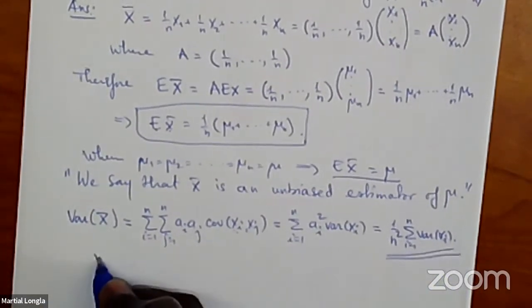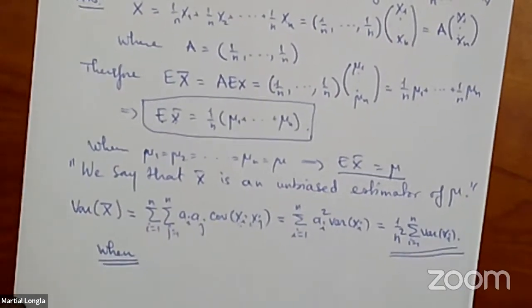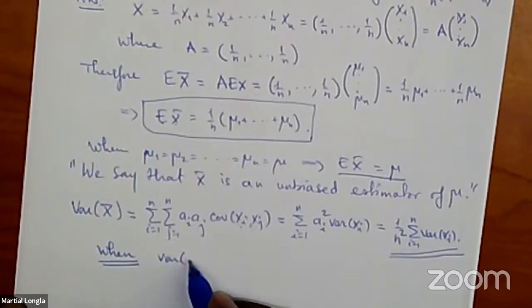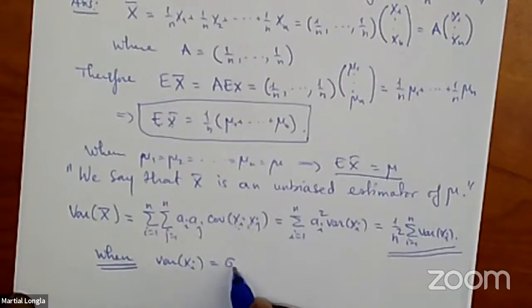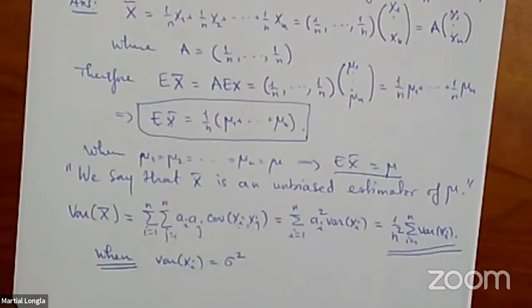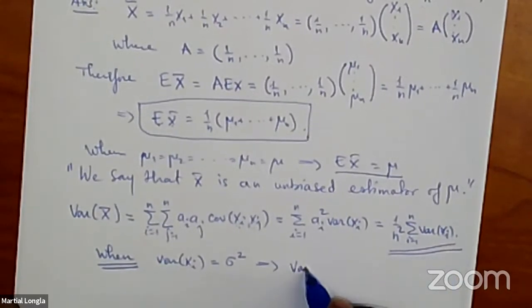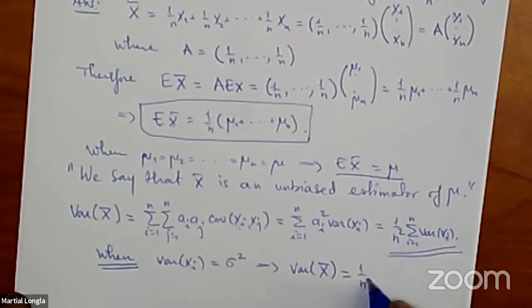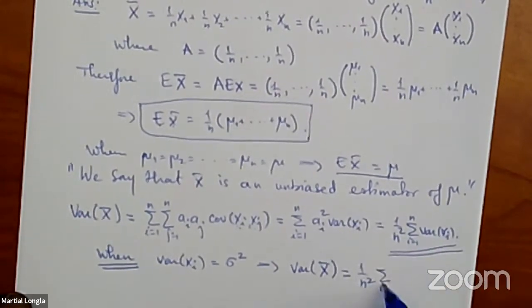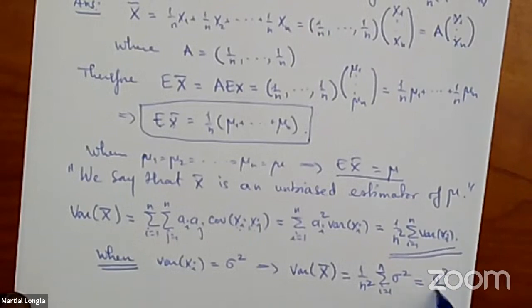Now the next special case that is usually studied is when all those variables have the same variance, when variance of xi are all equal to sigma squared. Then the variance of x bar is equal to 1 over n squared, and then sum i from 1 through n sigma squared. And because it's the same sigma, it becomes sigma squared over n.